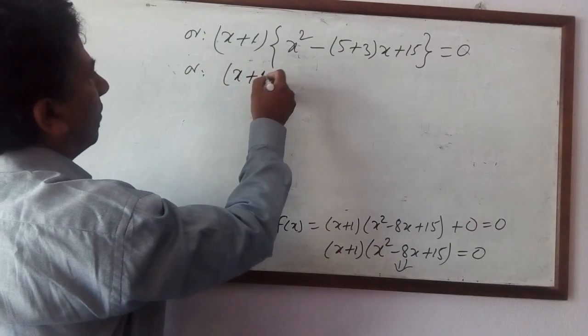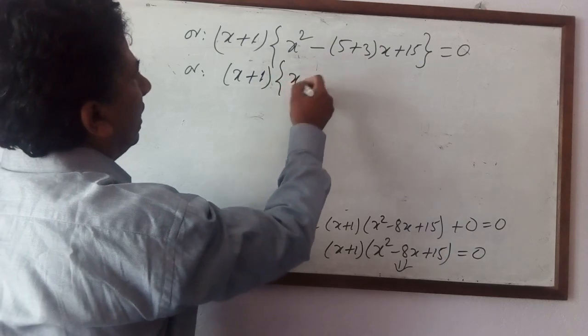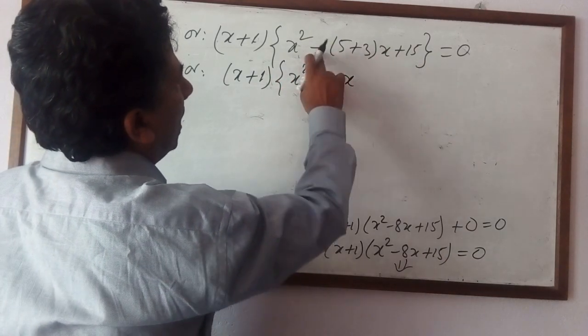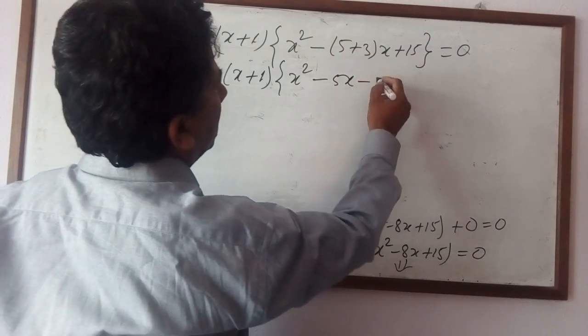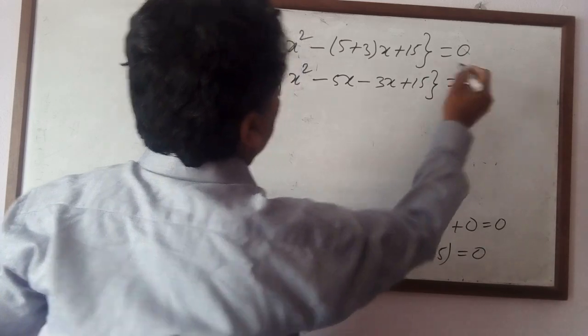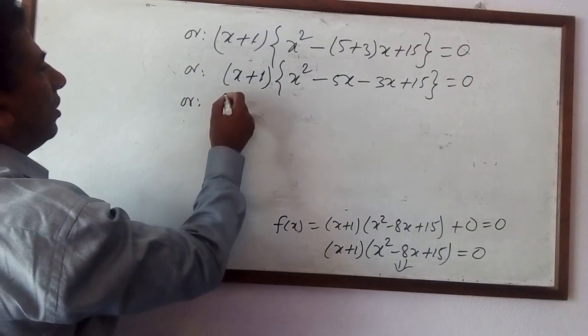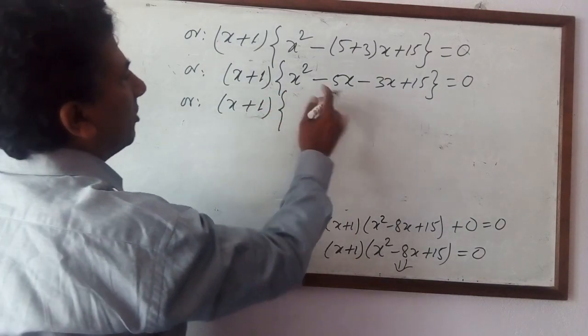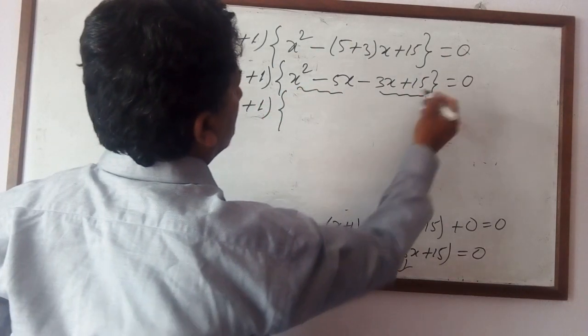Simplify it. (x plus 1)(x square minus 5x minus 3x plus 15) equals 0. Take x common from these 2 and take minus 3 common from these 2.